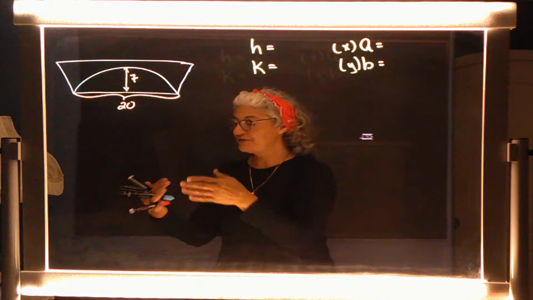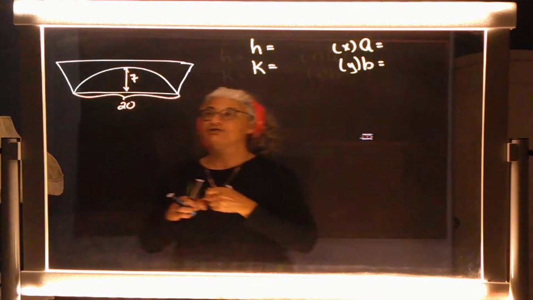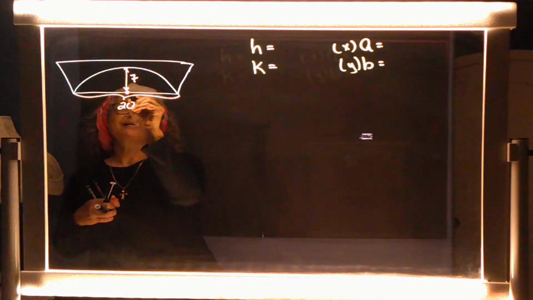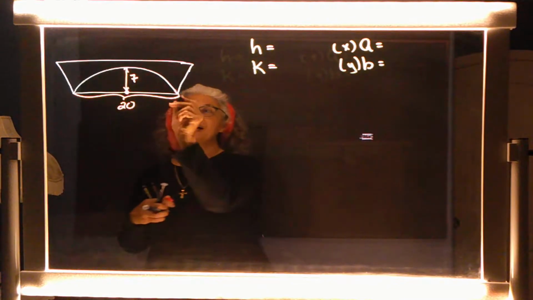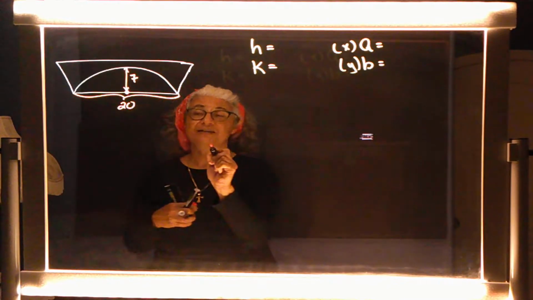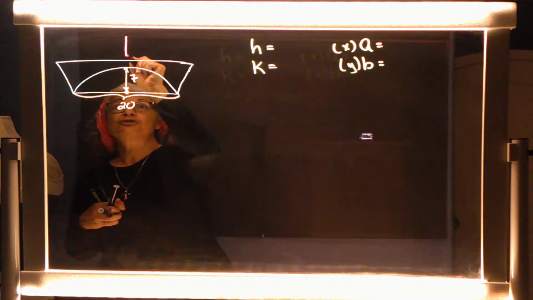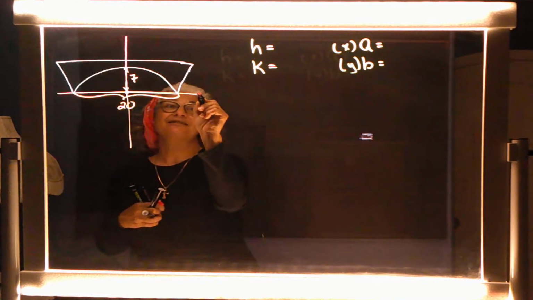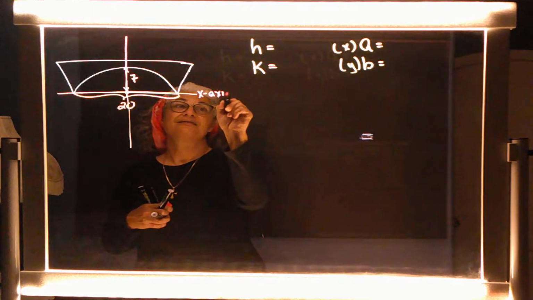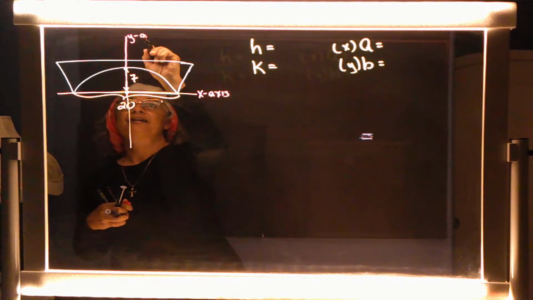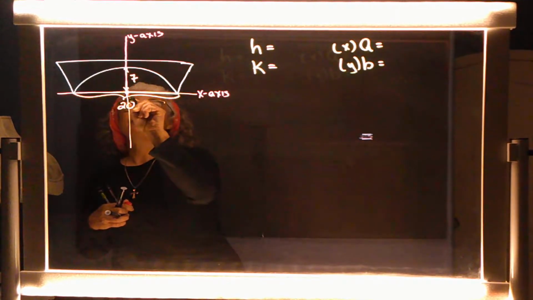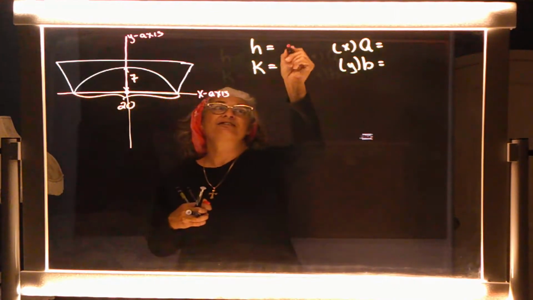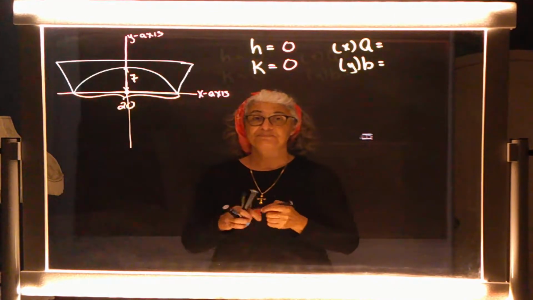They didn't put it on the XY axis, so I'm going to do it. I'm going to make this my center since I have half the ellipse above it, and I am going to draw my y-axis and my x-axis. And I have just put the center of this ellipse at 0, 0.